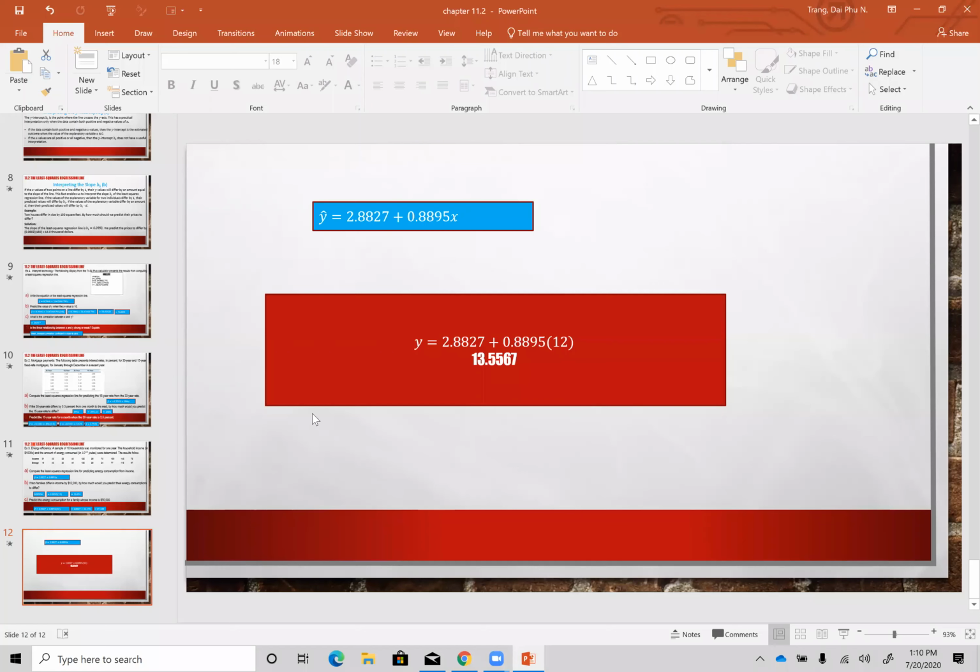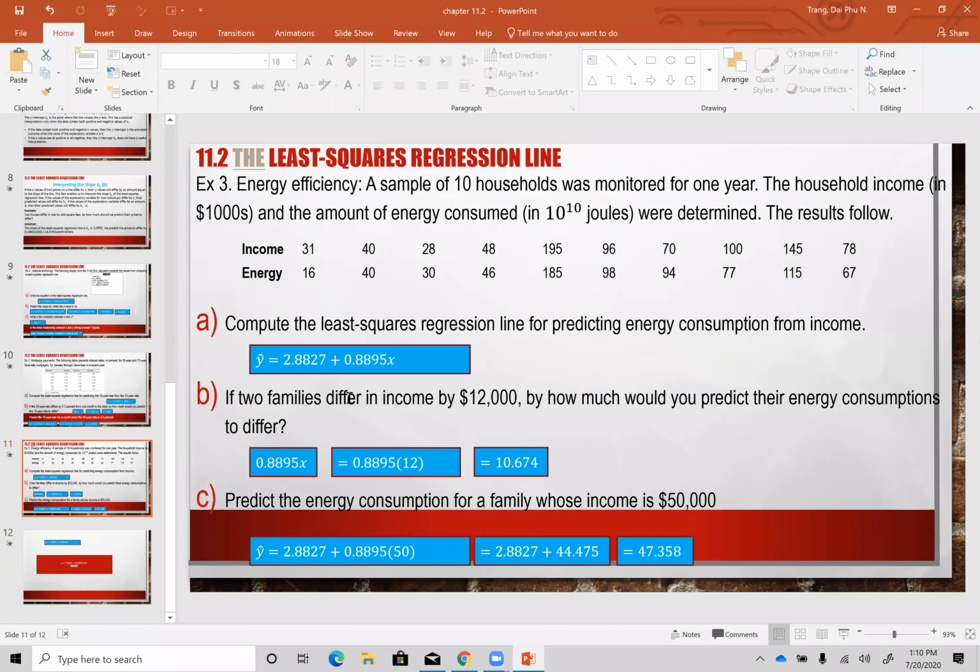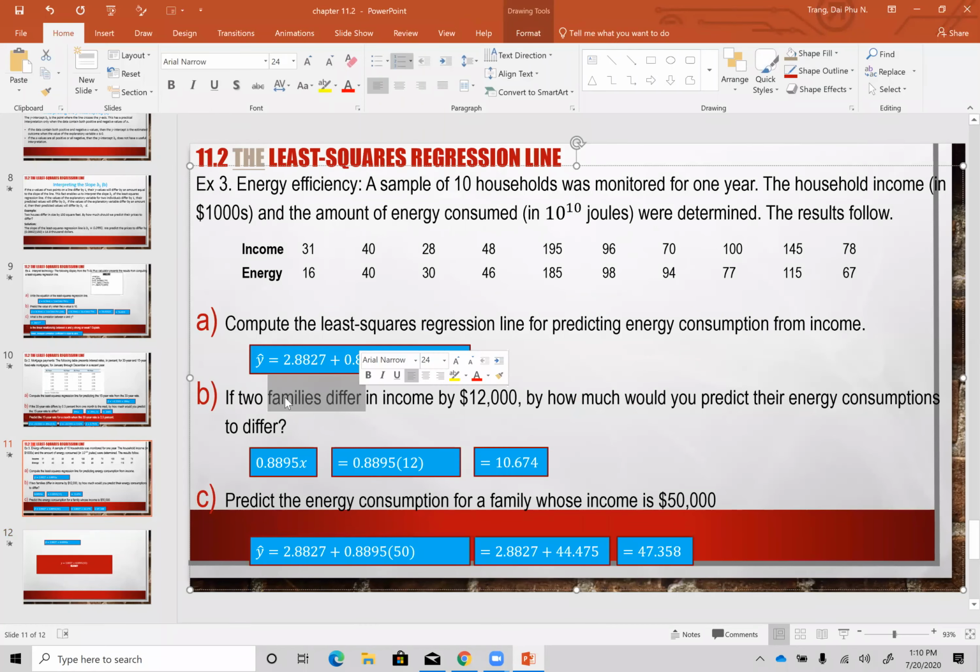But what do they ask us? They ask us the difference between the two families. If a family has an income of 12,000, we will predict the energy consumption is 13.5567. That's what we did over here.